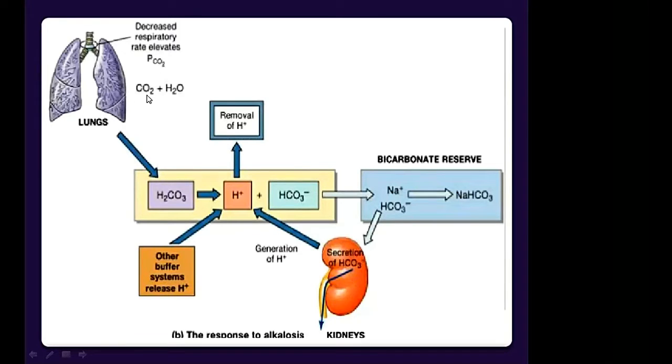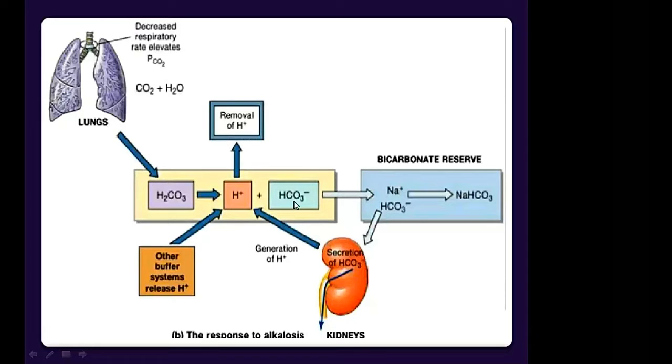That more carbon dioxide combines with water, H2O, and carbonic acid is formed. This carbonic acid, a weak acid, will interact with the excess proton that is there in the blood. Blood is going to become acidic, but it will not allow. It will interact with the excess proton, and it will remove that H plus ion from the blood.